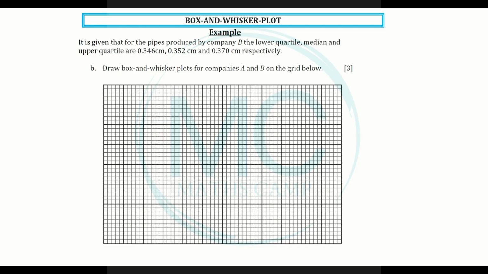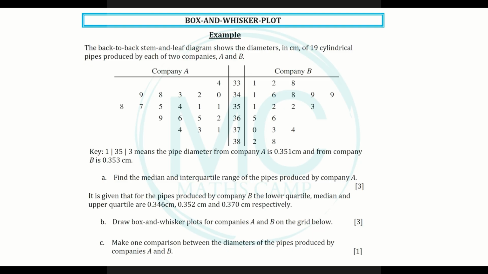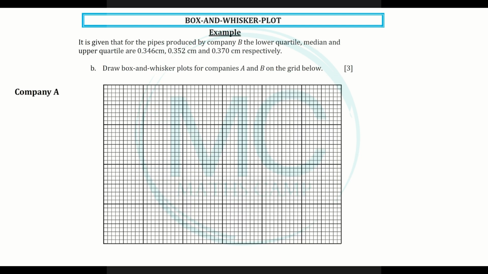So let's make some notes about Company A. In part A, we found Q1, Q2, and Q3. So all we need now are the lower and higher values. So let's go back and have a look at our stem and leaf diagram. The lowest value is 0,334 and the highest is 0,374. So now let's make some notes. I can say the lowest value is equal to 0,334.